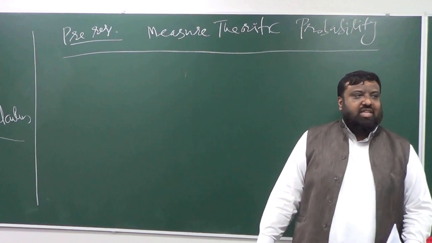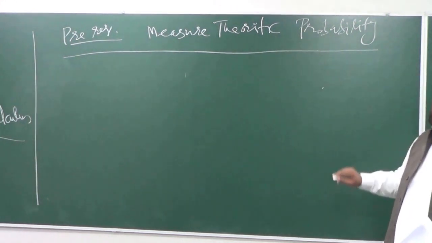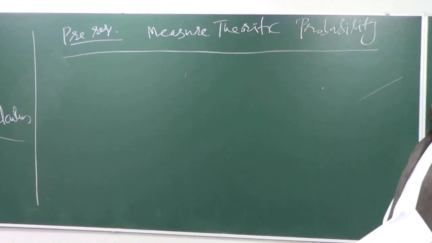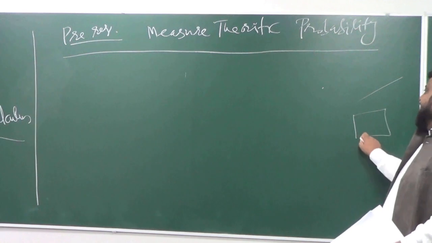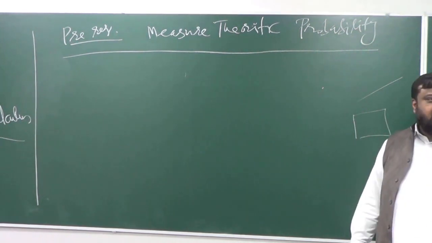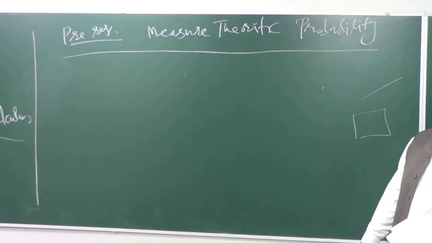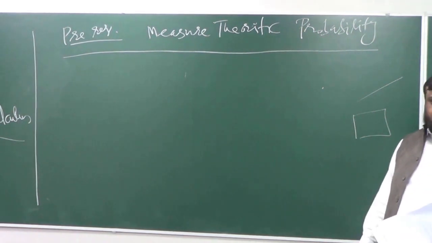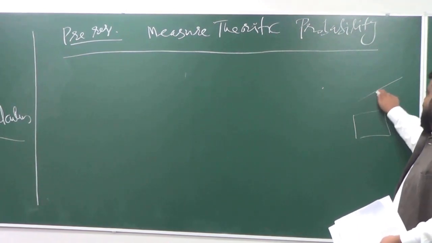Because what Euclid assumed is that there are things called points, and there are things called lines, straight lines, and there are planes in three-dimensional space. But the fundamental question is, does this point exist in reality? Or can you have a pure straight line?